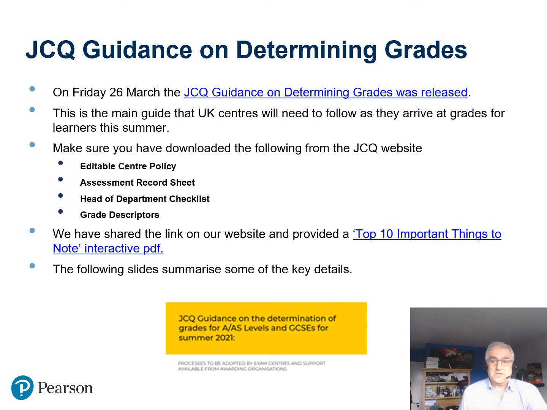The centre policy describes also how you will use historical data, for example, the 2017 to 2019 results. And the centre policy also has a section on how authenticity will be assured. Authenticity in terms of knowing that the learner's work you have in front of you is actually theirs.